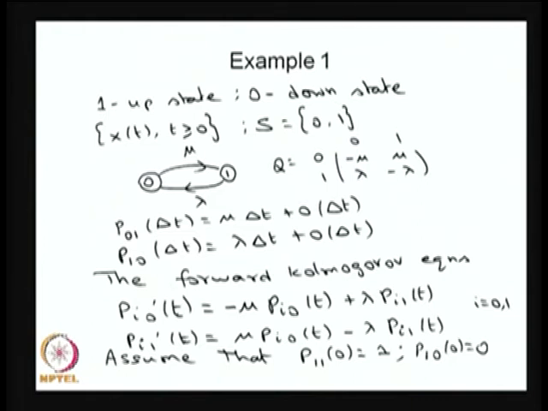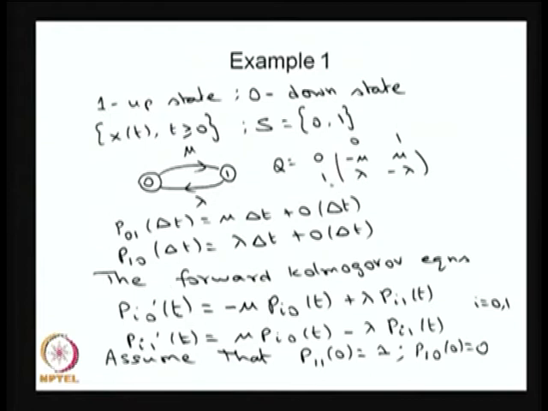This is the state transition diagram for the two state CTMC. The corresponding Q matrix, the infinitesimal generator matrix, is a 2 cross 2 matrix. The system going from the state 0 to 1, that rate is mu.